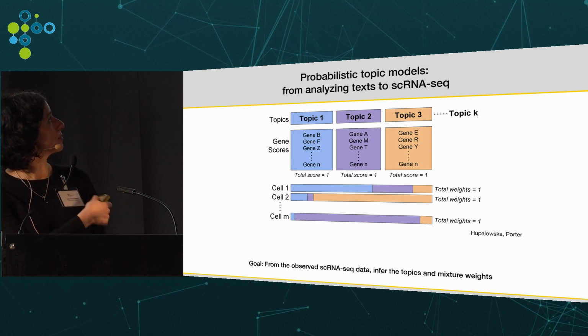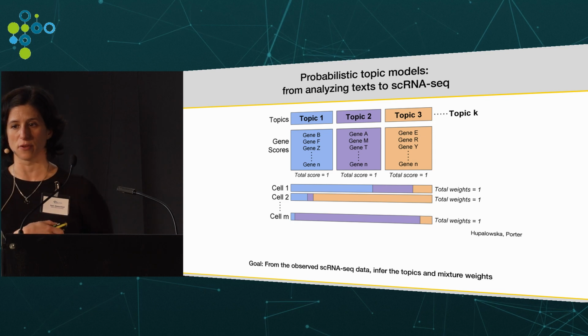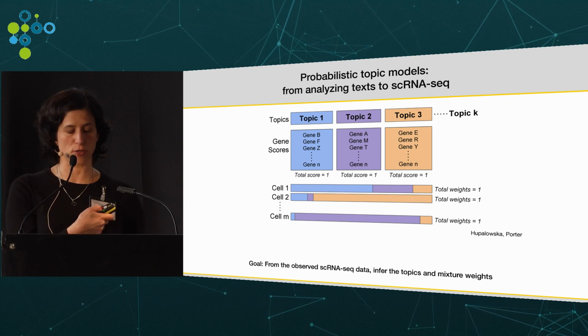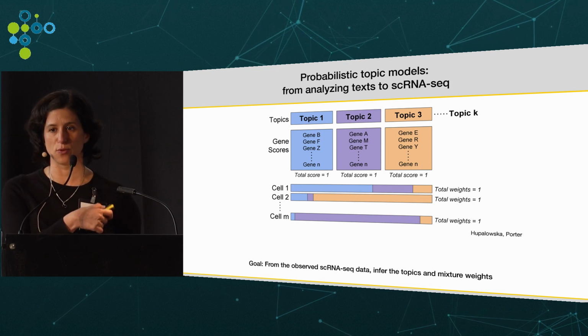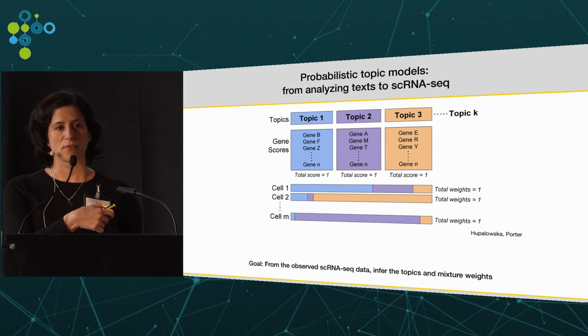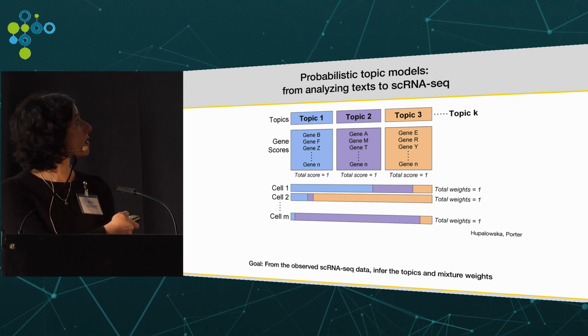So this cell has a lot of blue and a little bit of orange. This one has a lot of orange and just a little bit of blue, and so on. You can get different mixes, and that helps explain the transcriptional profiles that you're seeing in each cell. And you're trying to infer these together, so nobody tells you either of these. You optimize them both so that together they explain the data that you see well.